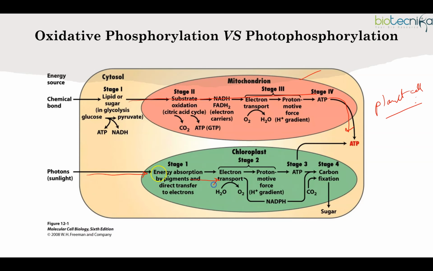This is by photons; the energy comes from the photons or sunlight. In oxidative phosphorylation, the energy is from the chemical bonds. The end result of oxidative phosphorylation is only ATP, but the end result of the chloroplast is sugar. The ATP generated in the light reaction is used in the dark reaction. So I can say the end product here is sugar, but yes, some ATP is also released. So both will be generating ATP.